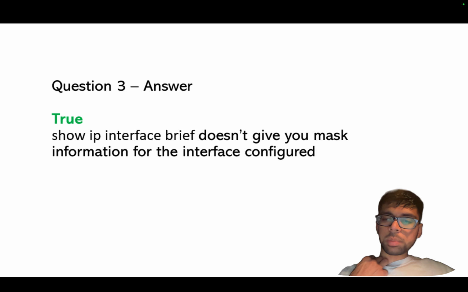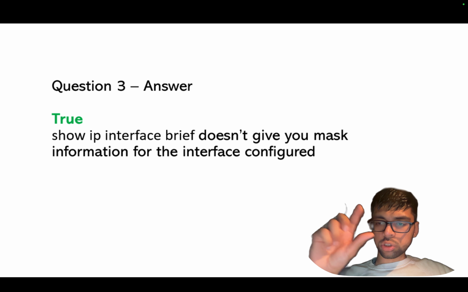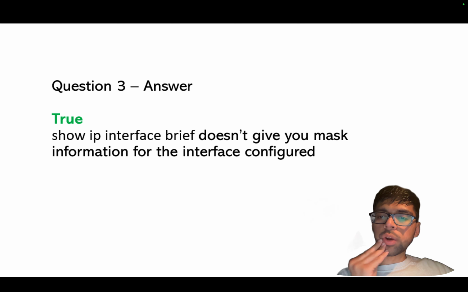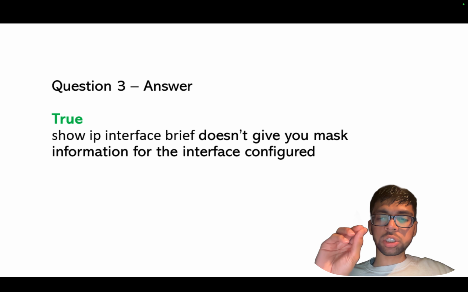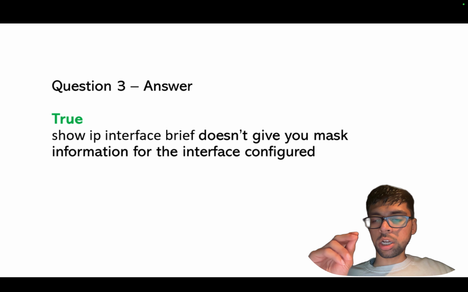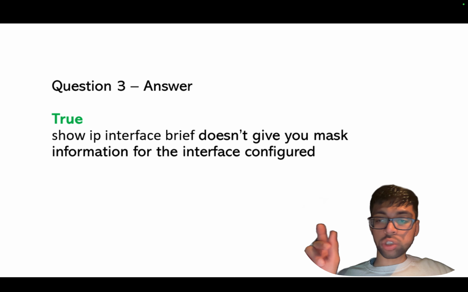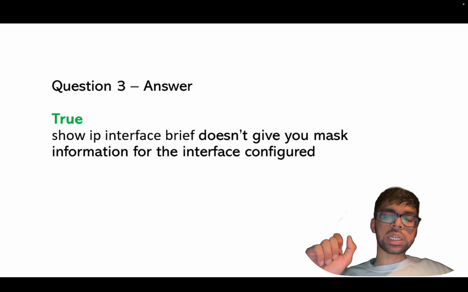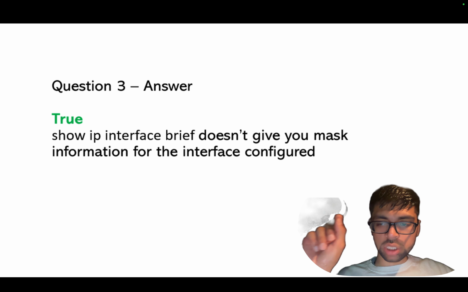Remember I talked about that. I showed you that table and those three commands that you would use to view router interface status. Show IP interface brief is the only one that would give you just the address, but wouldn't mention the mask. The other two did, but remember it was not in dotted decimal notation. It was in slash notation.